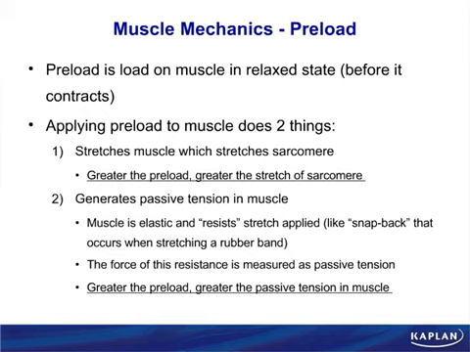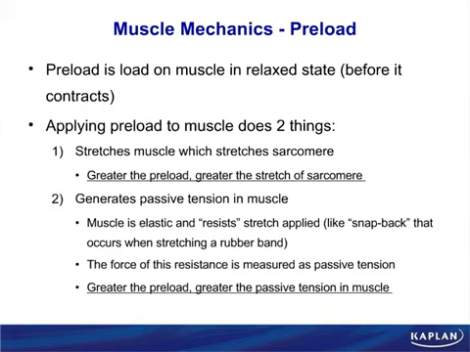You can do this. Just take a rubber band, put your finger through it, and pull on one end of it, and you will feel the tension. This is passive tension because it's created by preload. Preload is the load before it contracts, and that's why it generates a passive tension.